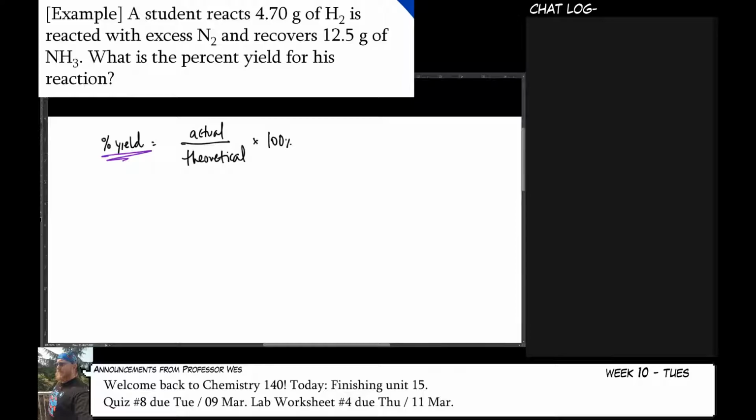Which means that I need the actual yield and the theoretical yield. Well, it says here that I have recovered 12.5 grams of NH3. So that's going to be the actual yield. So the actual yield of NH3 is 12.5 grams.